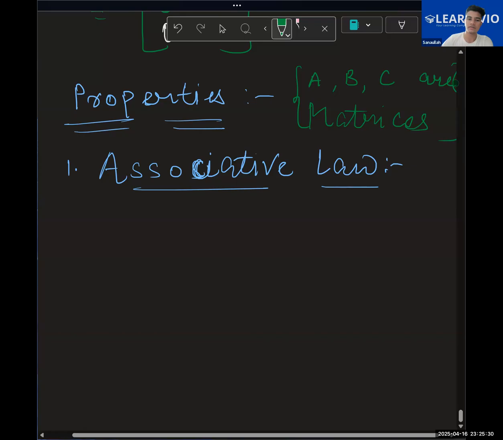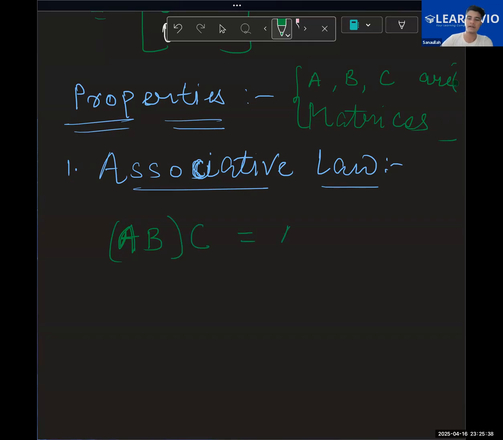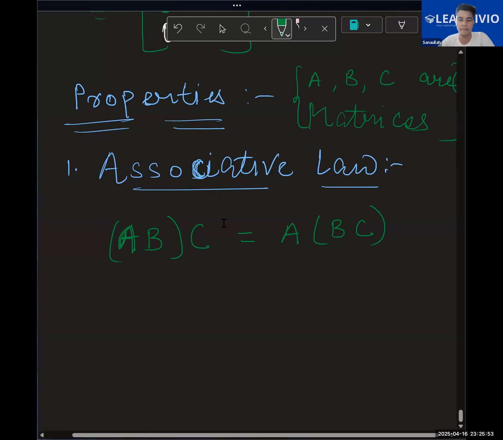So under the associative law, if the AB matrix is multiplied by C, then we can take A outside and multiply BC. We can write it as AB into C equals A into BC.